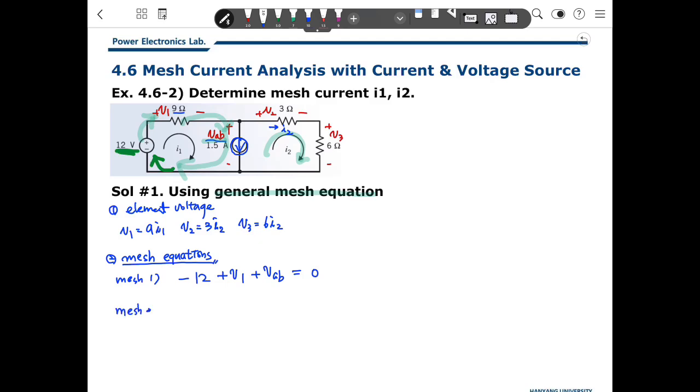Then second mesh. So we start here. I meet first the voltage minus VAB. So minus VAB. And I go on and meet plus V2. So plus V2. And I meet plus V3. So plus V3. And I meet the starting point. Then there will be 0.